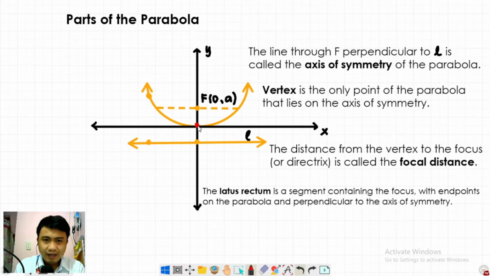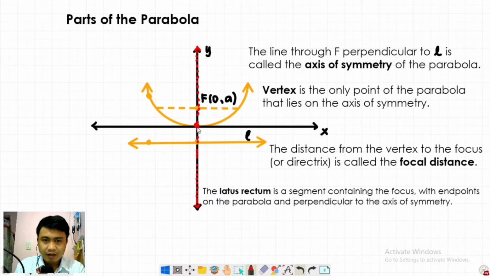Yan. Pagka ito yung point of intersection ng ating parabola at yung ating axis of symmetry. This line. This example of our parabola ay yung ating y-axis mismo, ang ating axis of symmetry. And so this is our vertex.